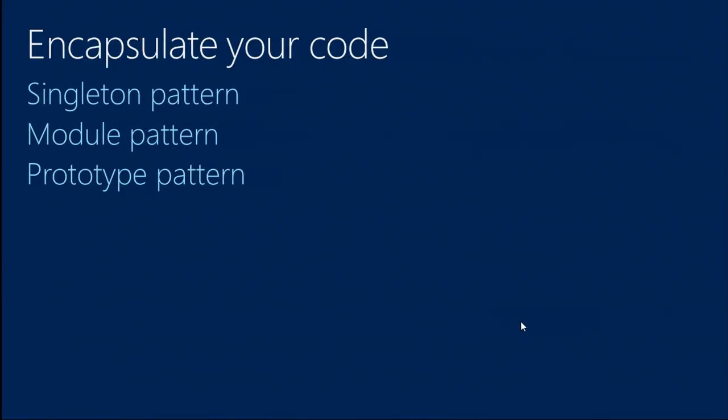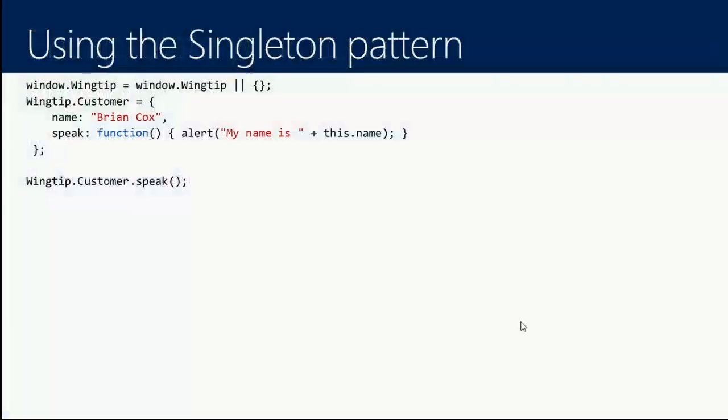Next is the encapsulation of your code. We have talked already in the first session a little bit about the singleton pattern, the module pattern, and the prototype pattern. Again, you're going to see these again and again in the apps that we do because this is really the workhorse of the code that we write in JavaScript. But to review a little bit, this is the singleton pattern.